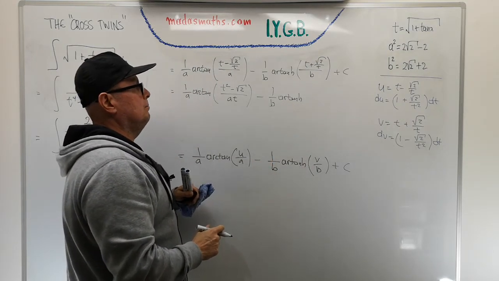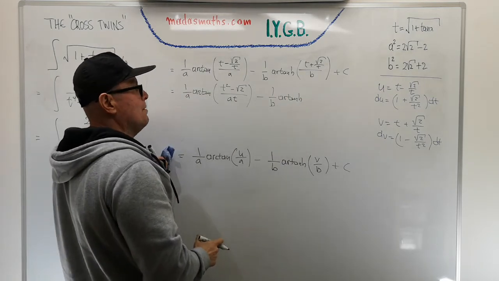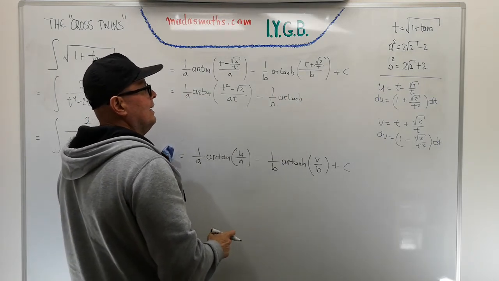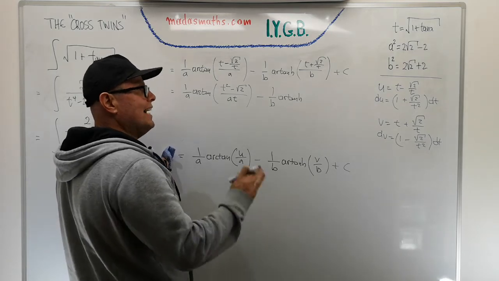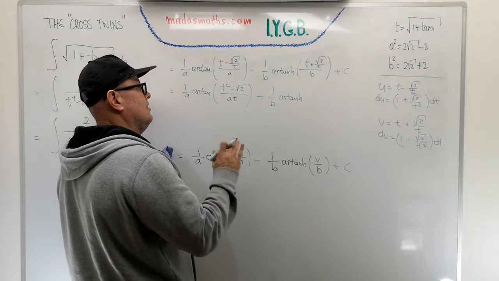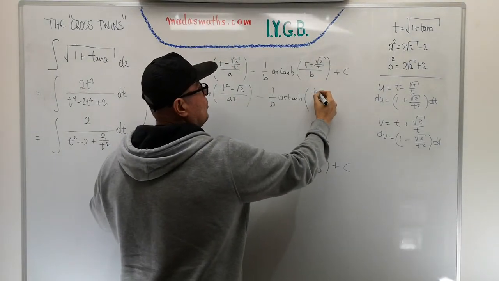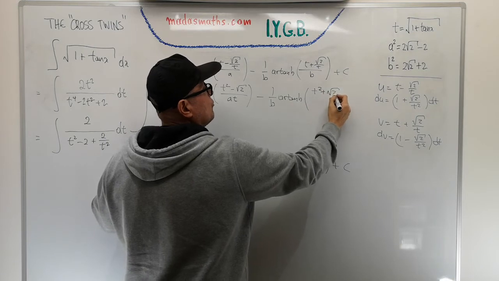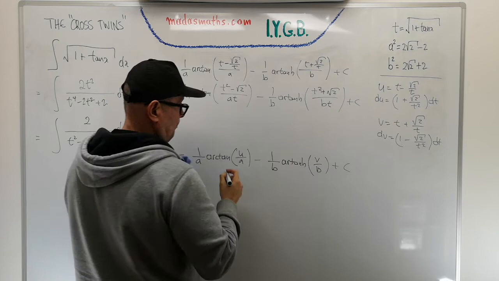I don't know what you call it. The correct name, of course, is the inverse hyperbolic tangent, not arctangent. Okay, so same thing with this one: t squared plus the square root of 2 over bt, plus c.